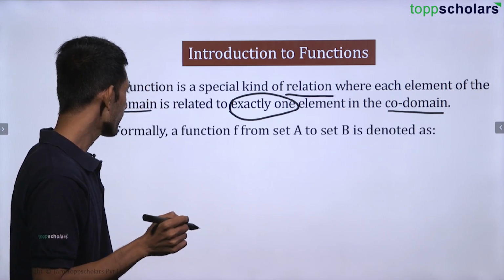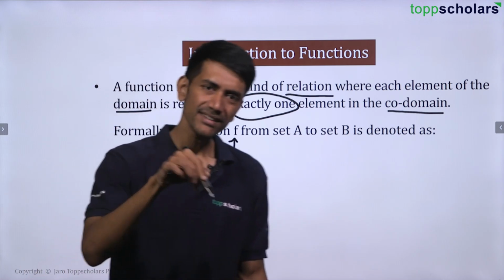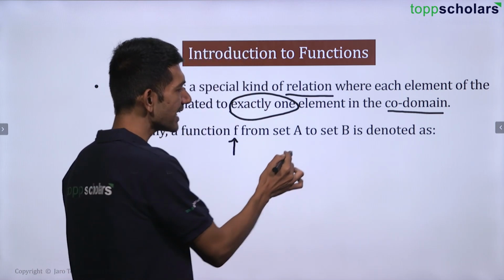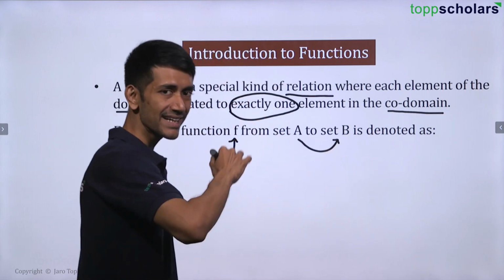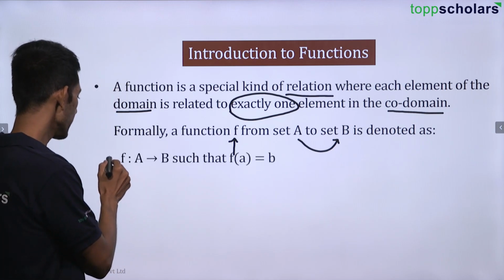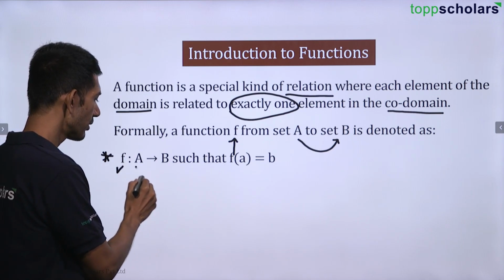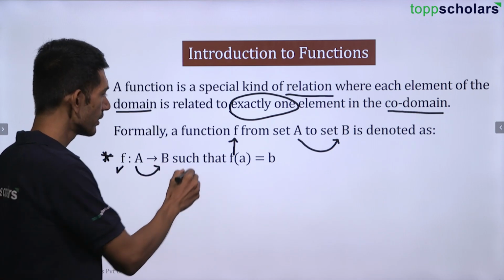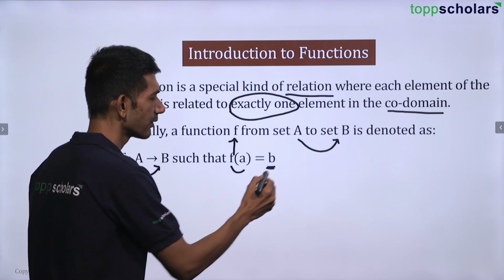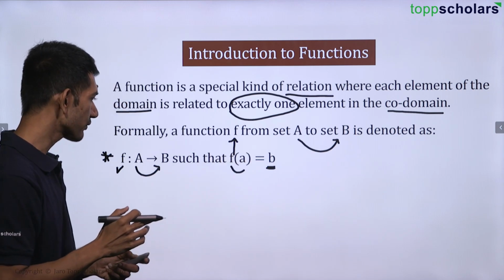Let us try to understand this. So a function is defined as f. Relation, we take it as R. A function is given by f from set A to set B, is defined or denoted as, see, mathematically we write it like this. f is the function from A to B, such that f of A is equal to B. f of A is equal to B. We'll get to know this better once we have the pictorial format of this as well.